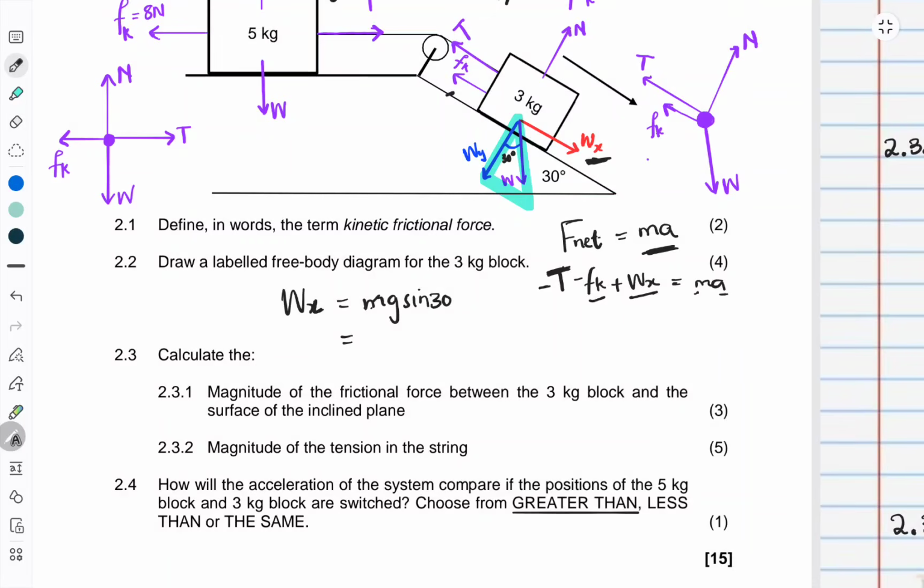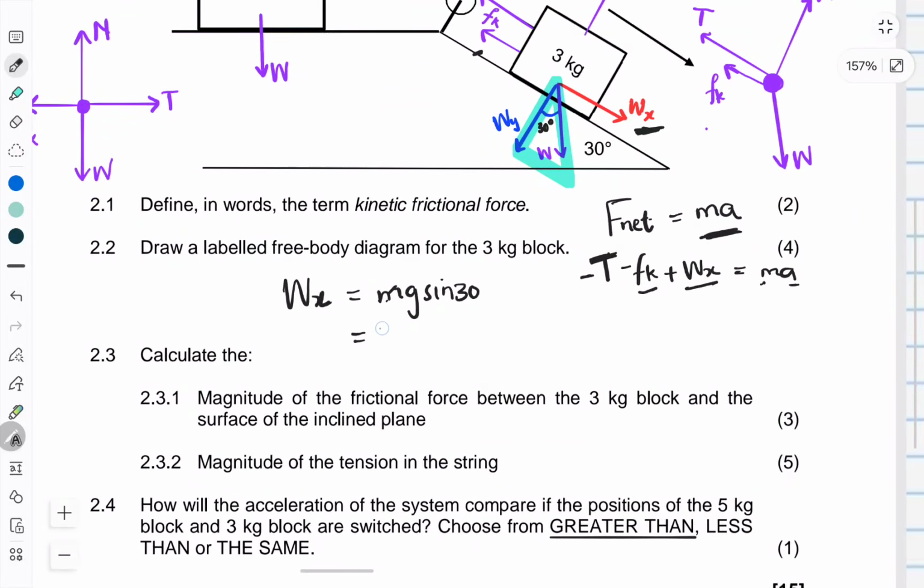So you have 5 times 9.8 sine 30. This will give you 24.5 newtons.